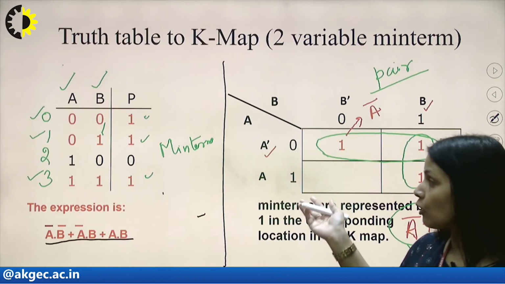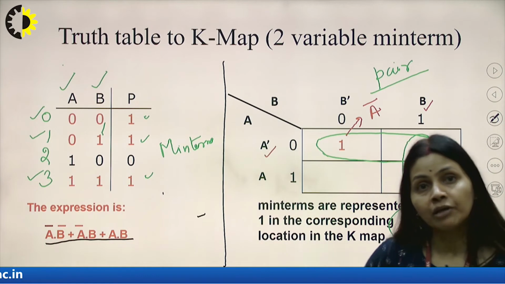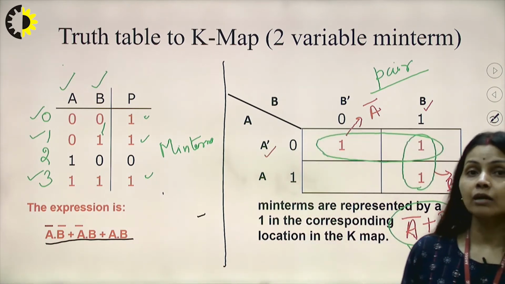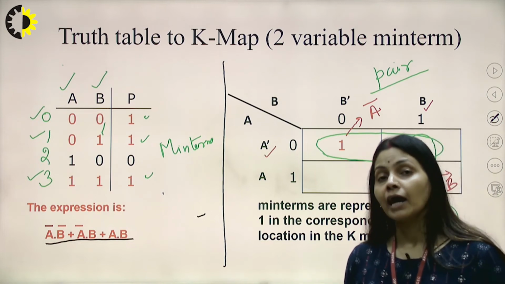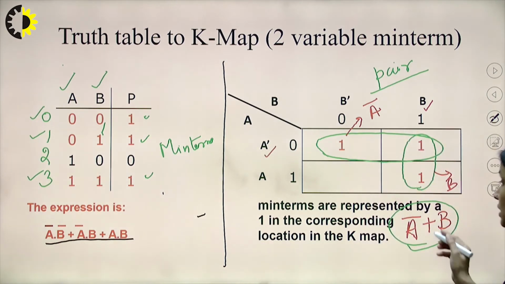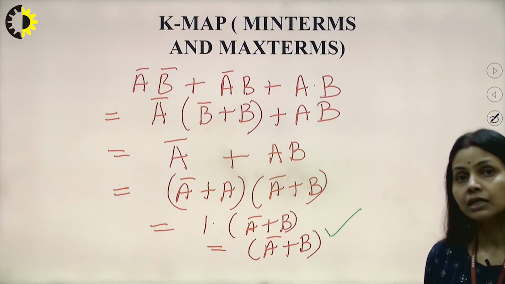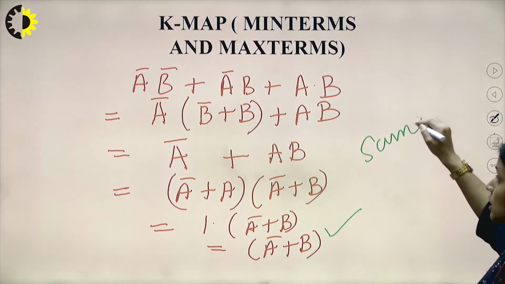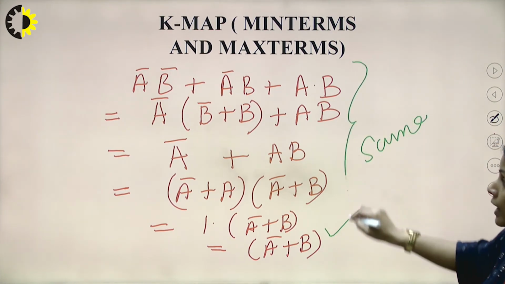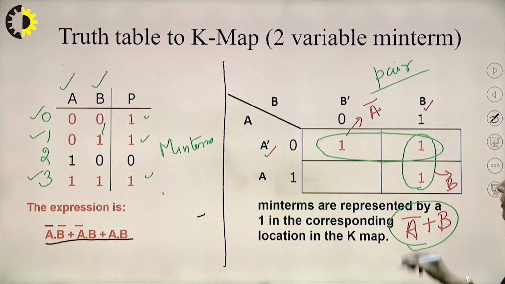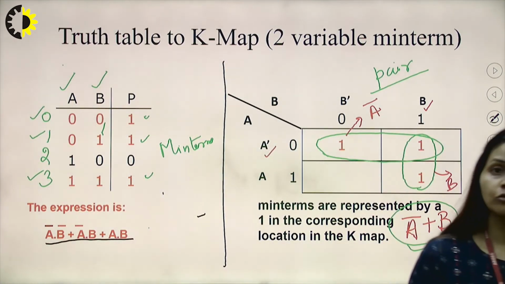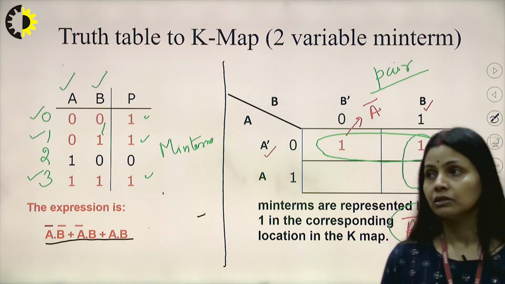And here also, by simplifying the K-map and following the rules for drawing the K-map and filling the ones, I get the same result. So the K-map simplification yields the same result. If I want to solve the expression algebraically, I can, and if I want to solve it using a K-map, I can also solve it that way.